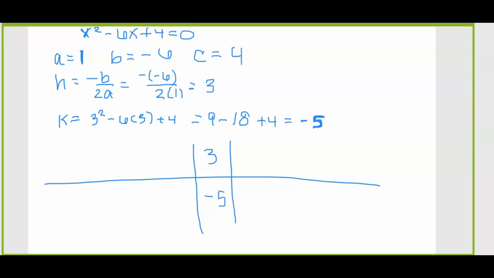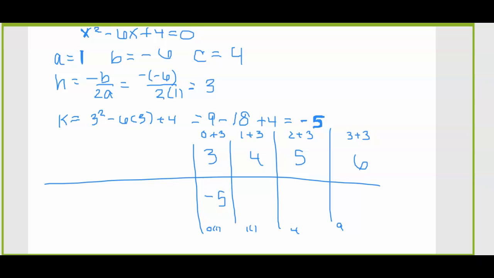And then you do your 0 plus H, 1 plus H, 2 plus H, 3 plus H. Then you do your y equals a times x squared plus k. So that's 0, 1, 4, and 9, all times A, which is 1.